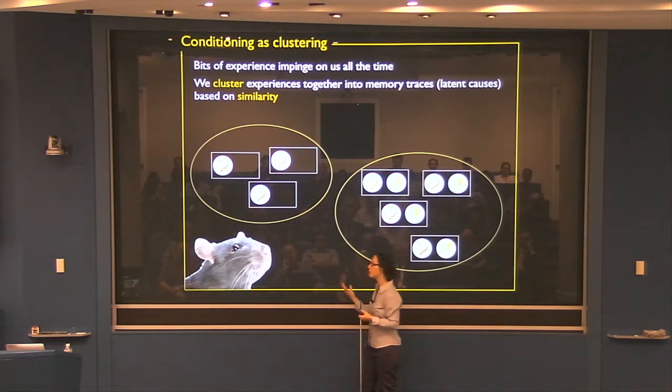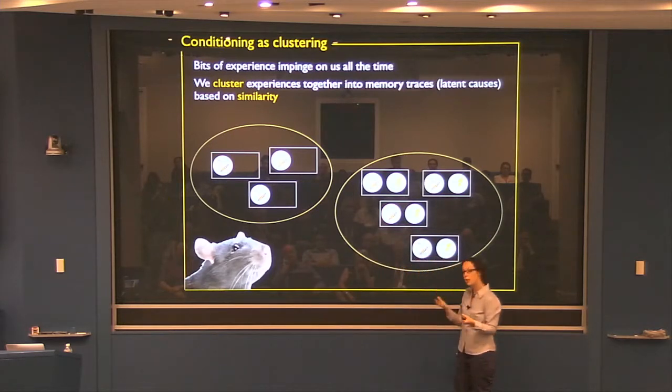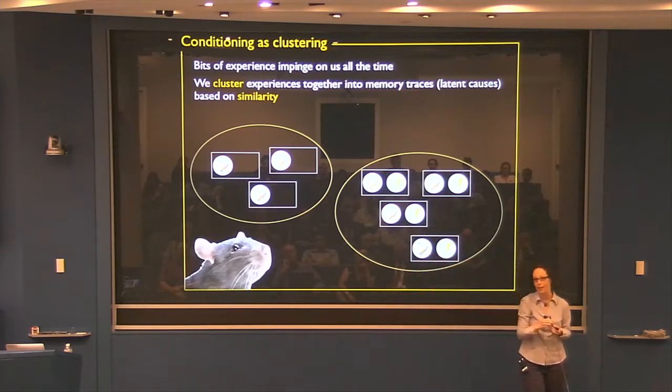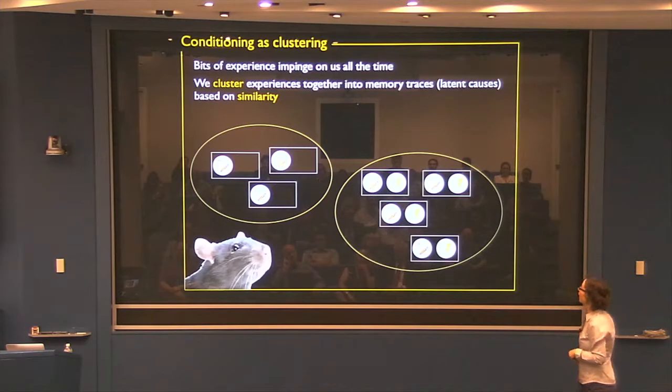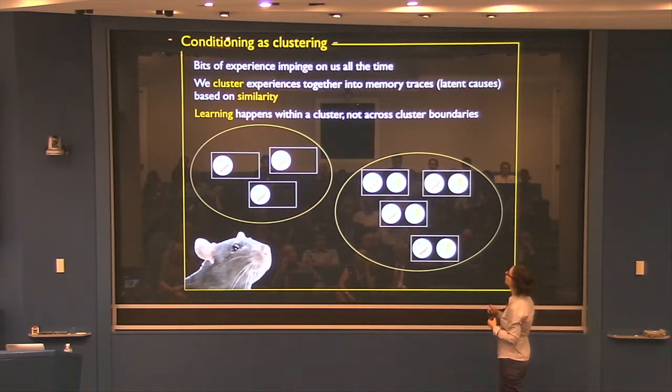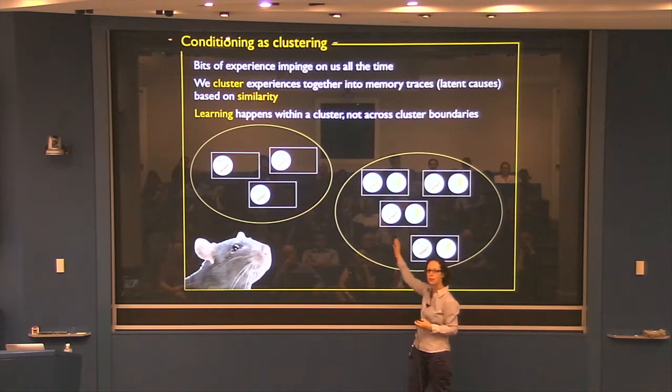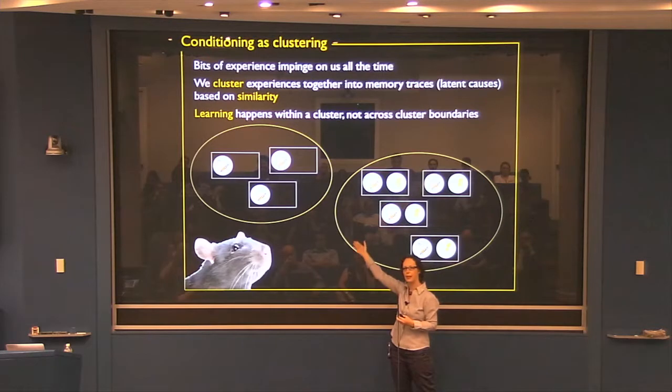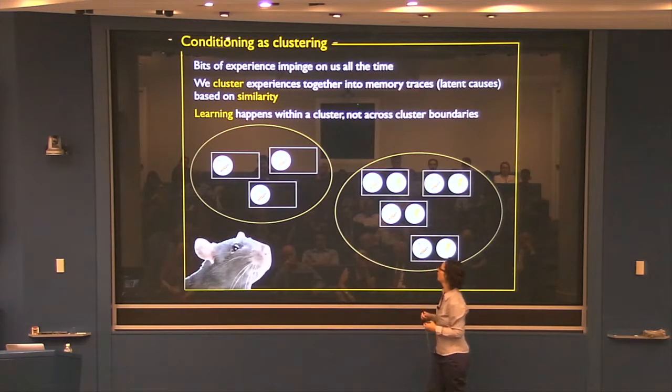We cluster them based on similarity, because no two experiences are exactly alike anyway. What we think is going on is that learning happens within these clusters, not across clusters. So these cluster boundaries delineate the effect of learning from one trial to another.